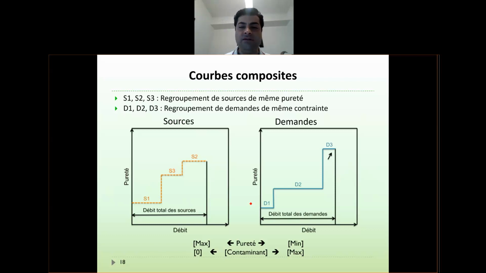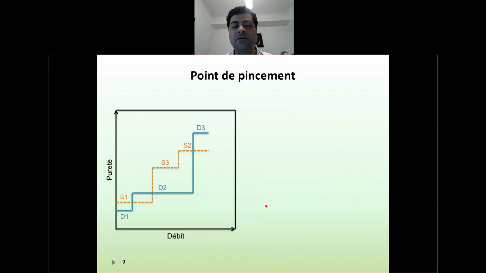After you make these composite curves, you can combine them. But if you combine like the figure that now I will show you, this is not a good idea.